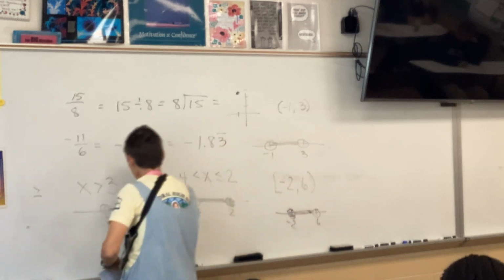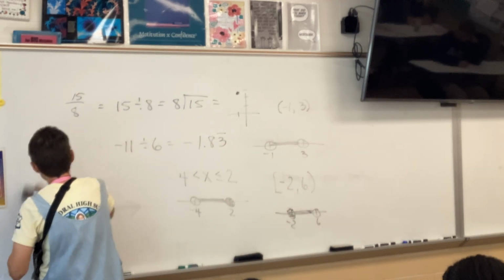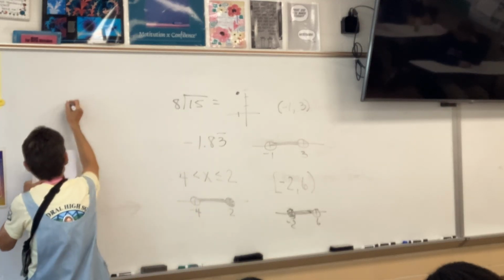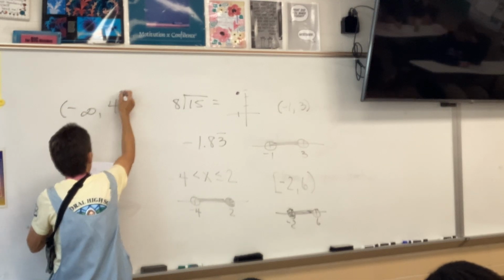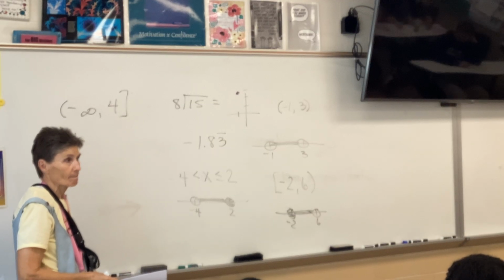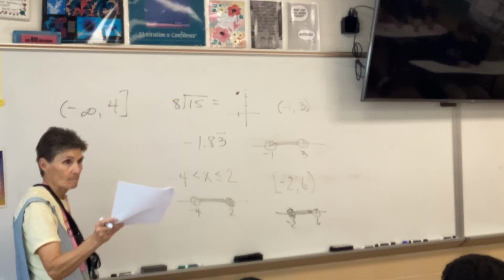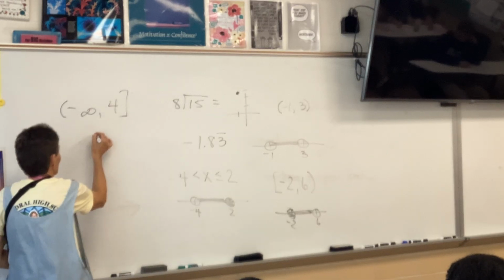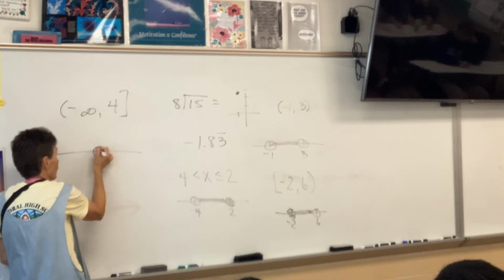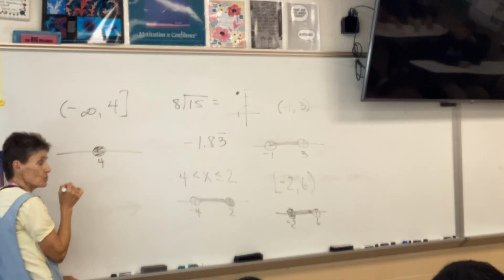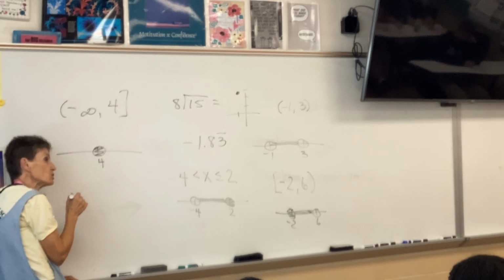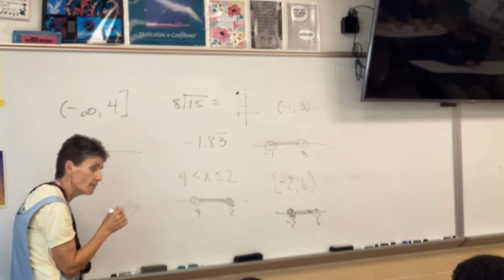Just when we thought maybe we were figuring out what was going on here, look at the next one. Anybody have any idea how to handle that? You start at 4 and you shade everything to the left. The dot at 4 will be closed. How does she know to shade to the left?